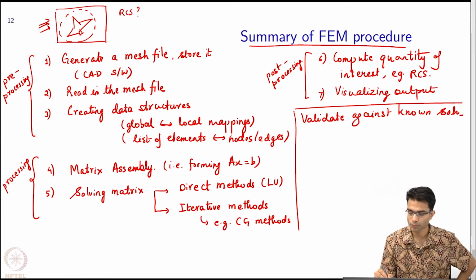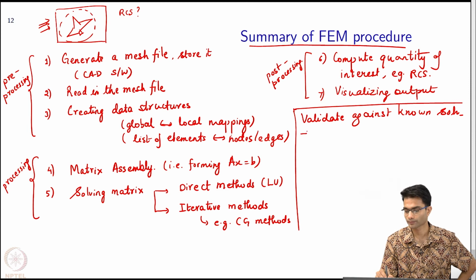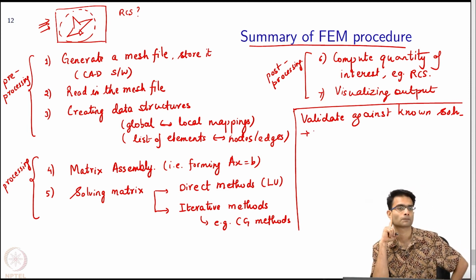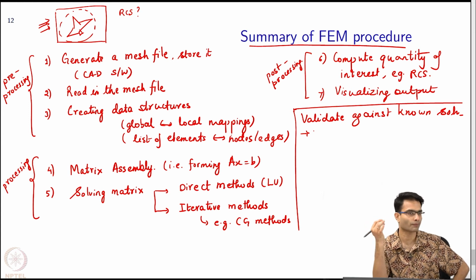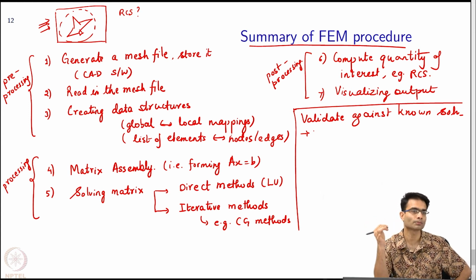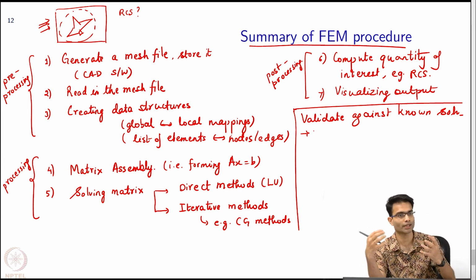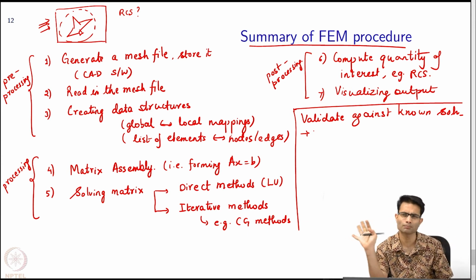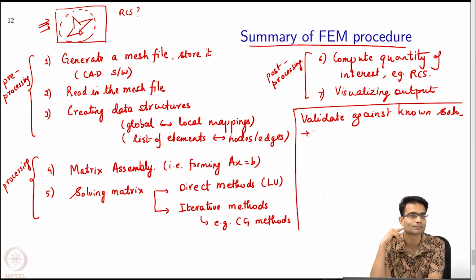What kind of examples of known solutions can you think of? Okay, so basically what we want is an EM problem whose solution I know. So then I code up and I simulate and I should get the known answer. So what is the simplest EM problem you can think of where you know the answer analytically? Something simpler than sphere and cube.